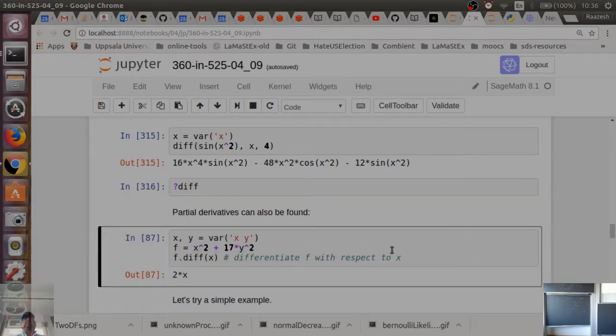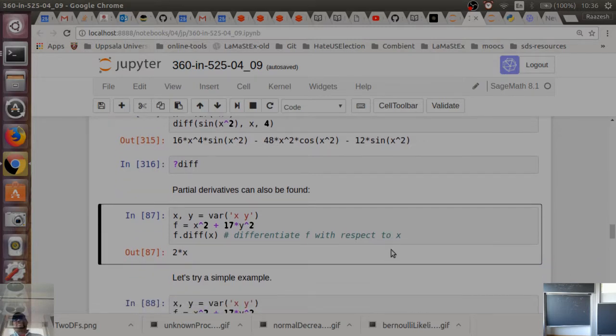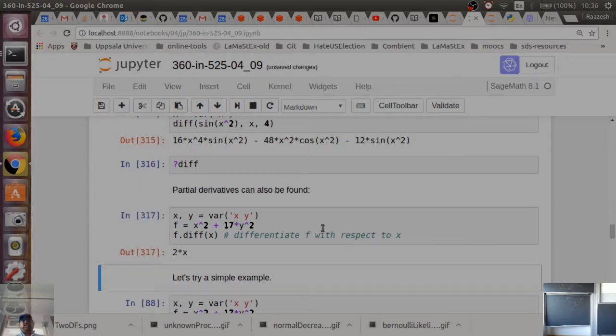So now what about partial derivatives? This is when you have x and y as two variables and you have a function, say x squared plus 17y squared. So that's not too bad. That's just a bowl sitting on the xy plane, blown up by 17 for the y squared quadratic form. Then we can differentiate it; I'm interested in differentiating f with respect to x.